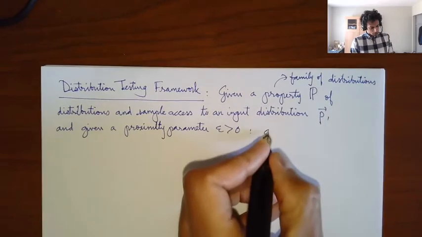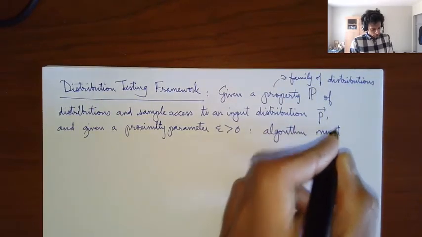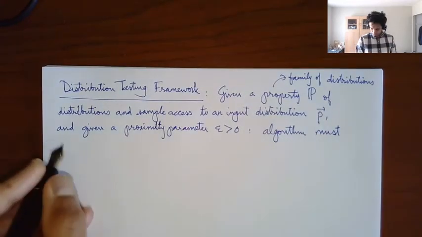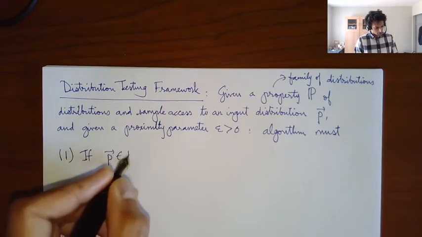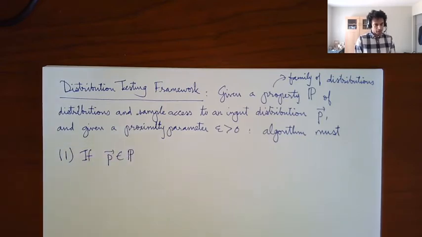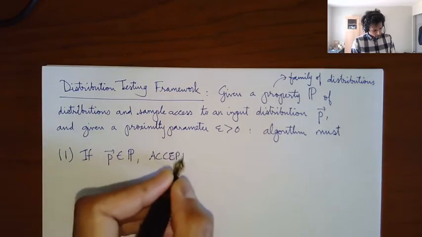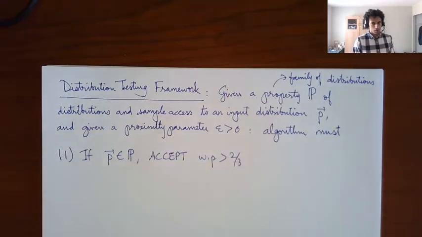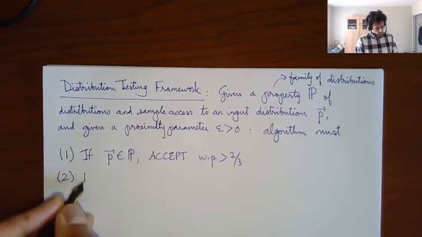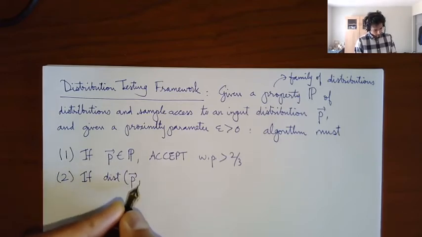So the algorithm must have the following guarantees. If the distribution actually has the property or is in the property, it must accept with probability at least 2/3. And if the distance, however we measure it, of P to the property.